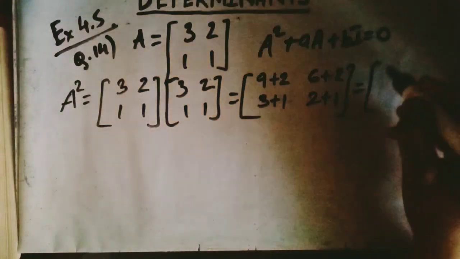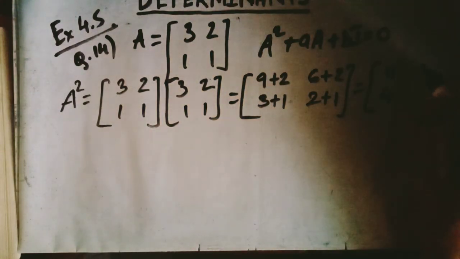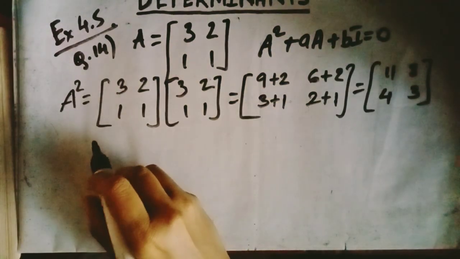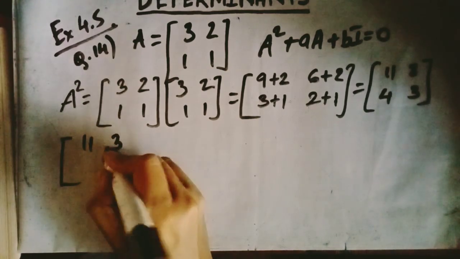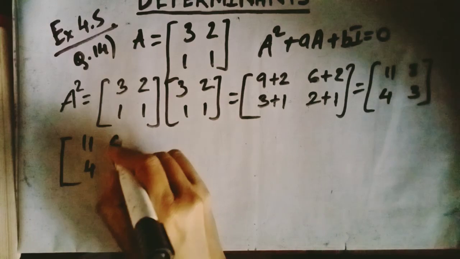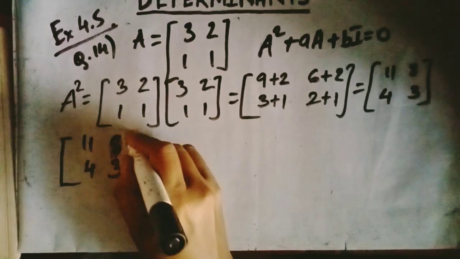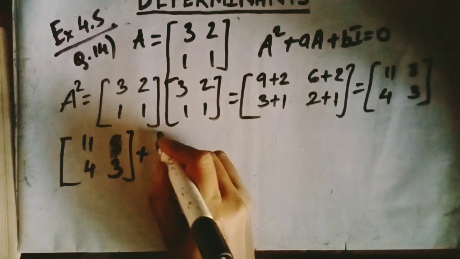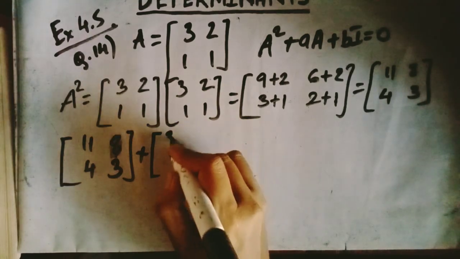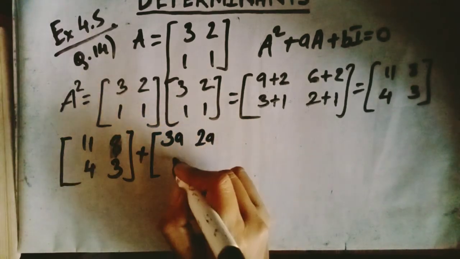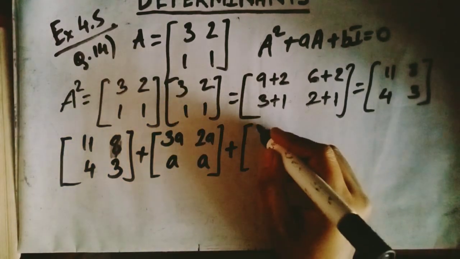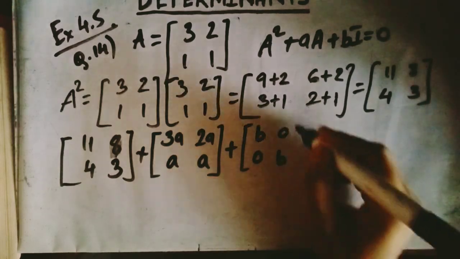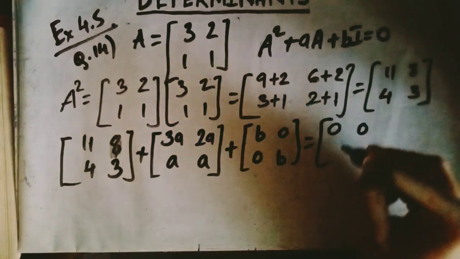So we'll get [11 8; 4 3]. Okay, so this is your A square. Substituting in the equation, you can write [11 8; 4 3] plus aA, which becomes 3a, 2a, a, plus b into the identity matrix, so b 0, 0 b, equal to the 0 matrix.